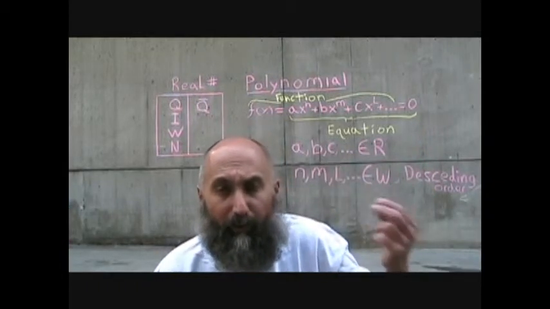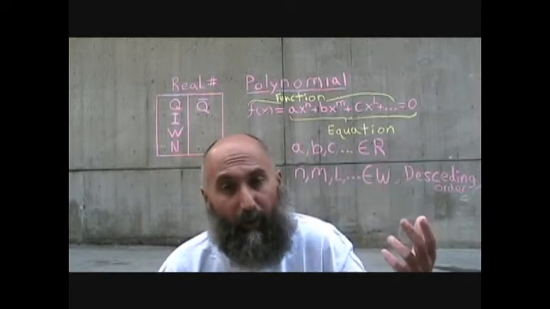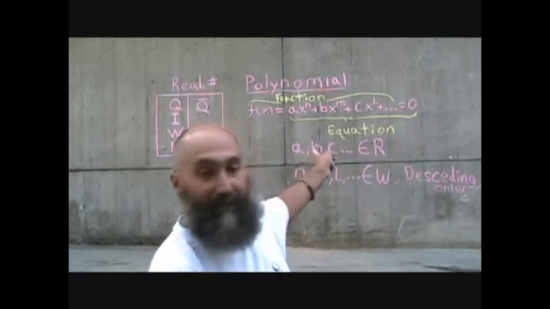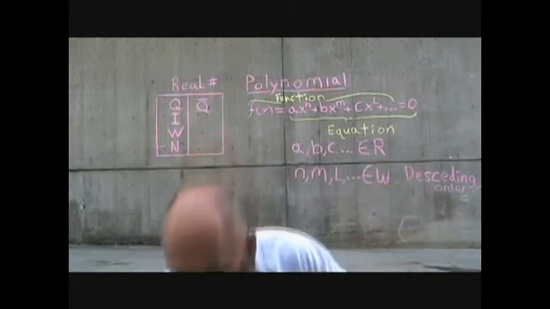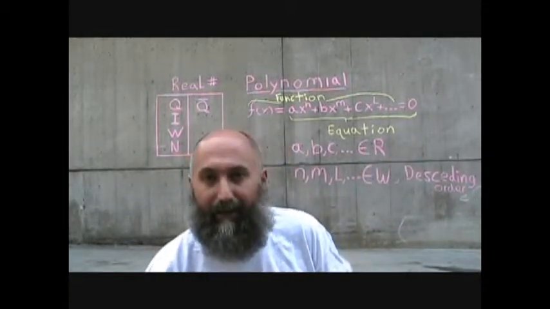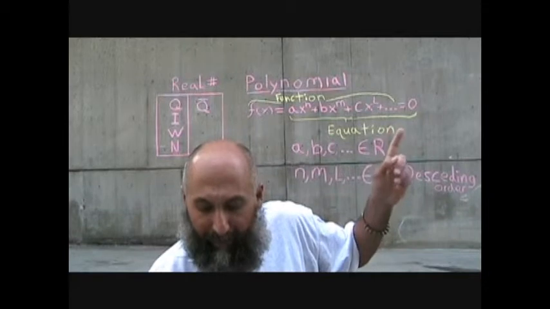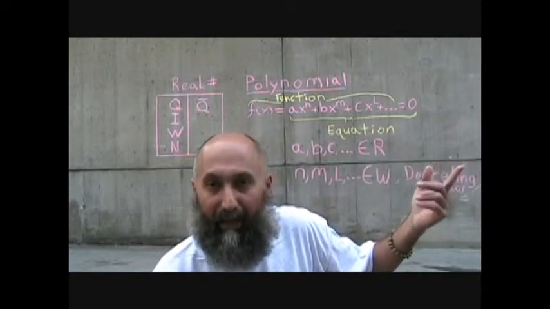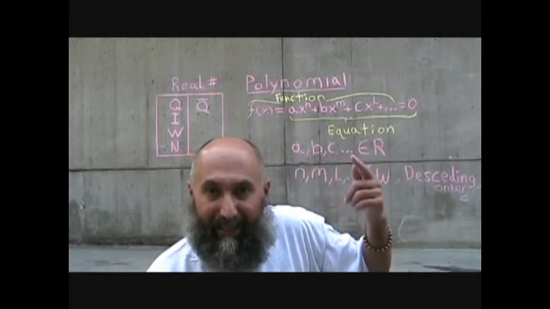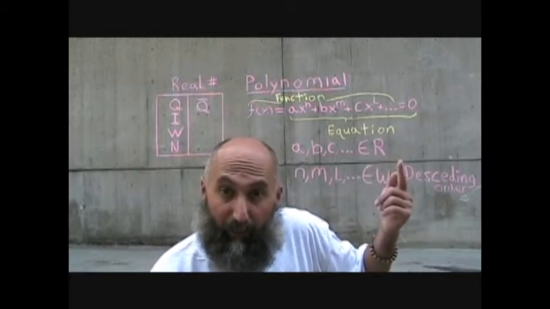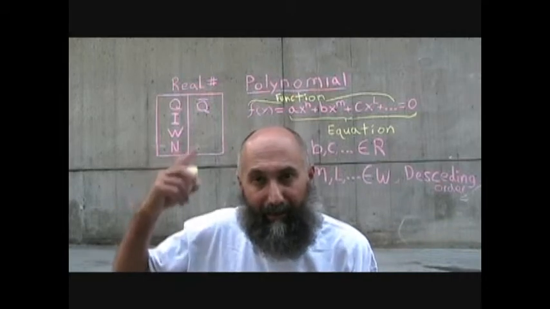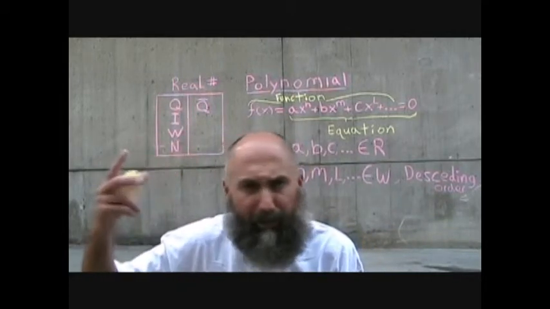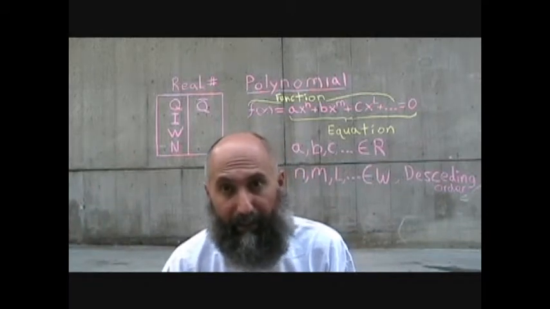Now, the way polynomials in general work is you have this form: ax to the power of n plus bx to the power of m plus cx to the power of l, where a, b, and c are elements of the real number set, so they could be anything from this group. They could be rational, irrational, integer, whole number, or natural number, right?